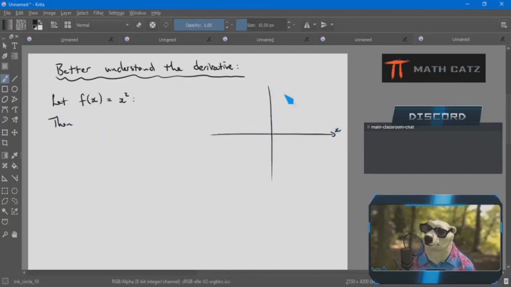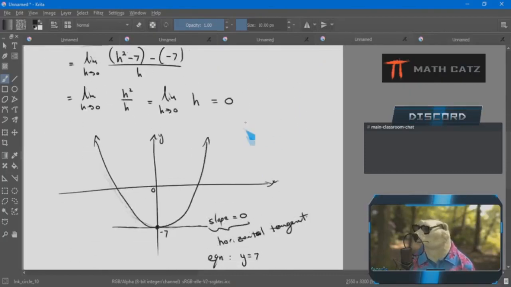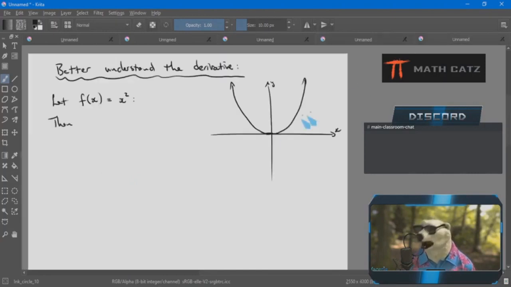There it is, parabola, super easy. I can draw it. Well, I try to draw it. It's not bad. Whether I shift it down by 7 or not doesn't have much impact on the slope values, right? So I already have some information that at this vertex, my slope is 0. Slope 0.